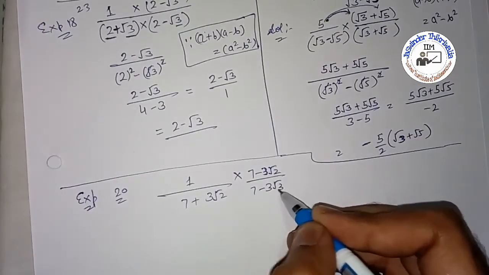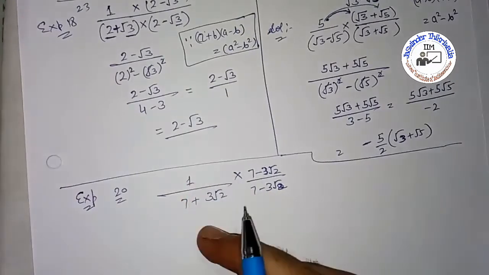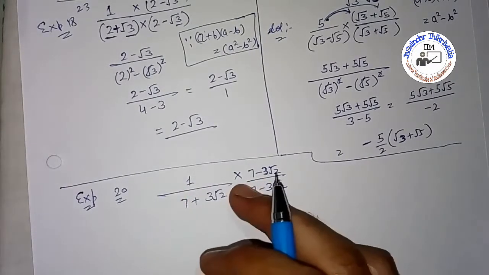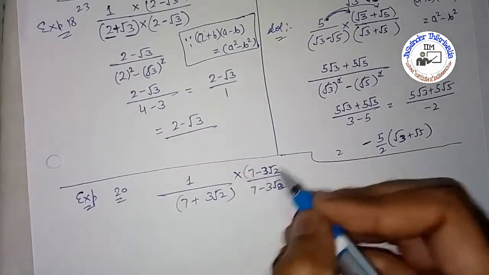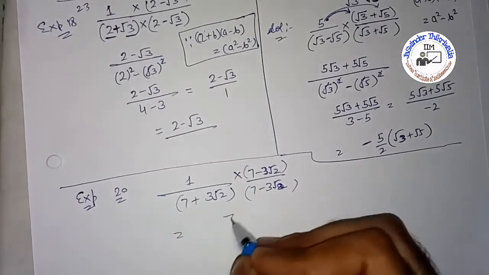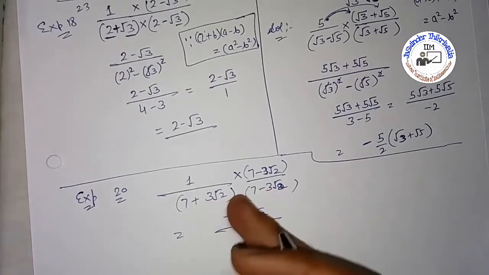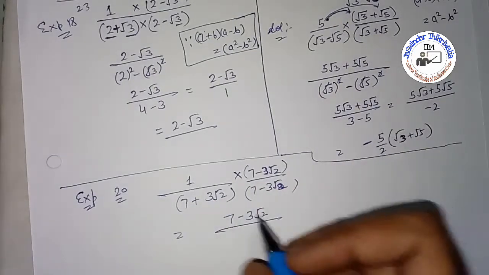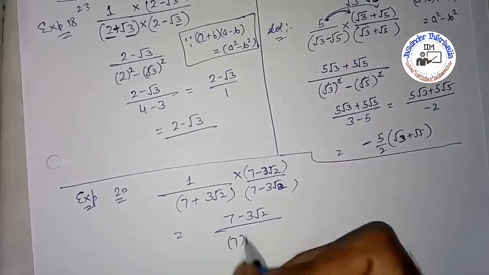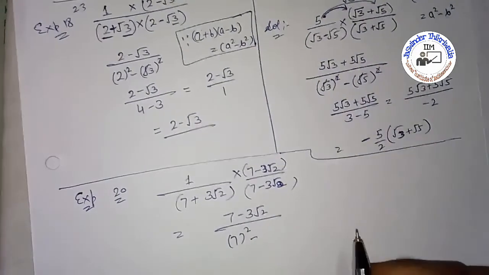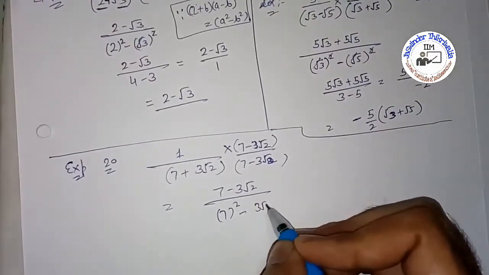Okay, clear beta? 1 upon 7 plus 3 root 2, then we will multiply by changing its sign. So then what will you get? In the numerator you will get this term, and in the denominator you will apply the identity, a plus b, that same identity.